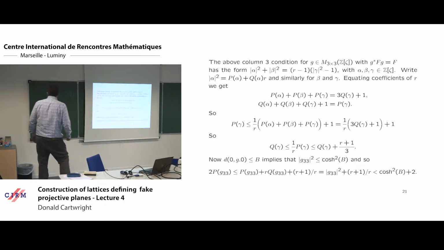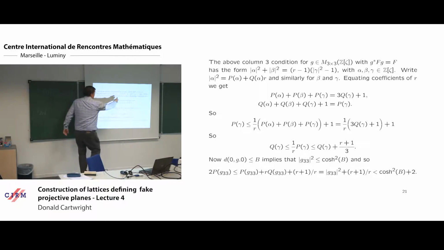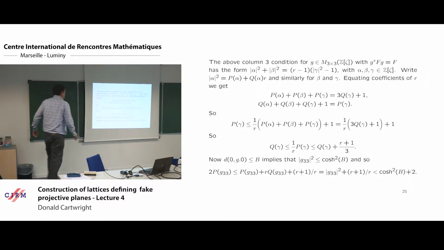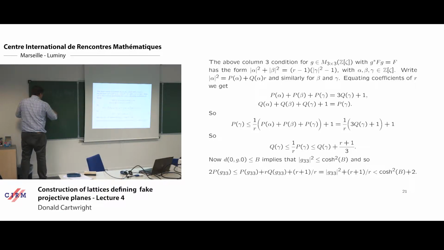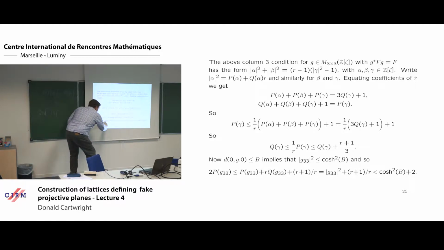But absolute value is what is the gamma here. The g3 is the gamma here. So this thing here is the absolute value squared of g3, and so 2 times this.